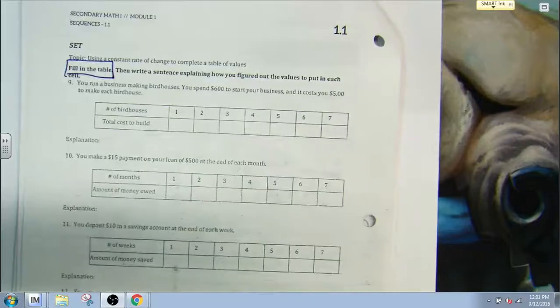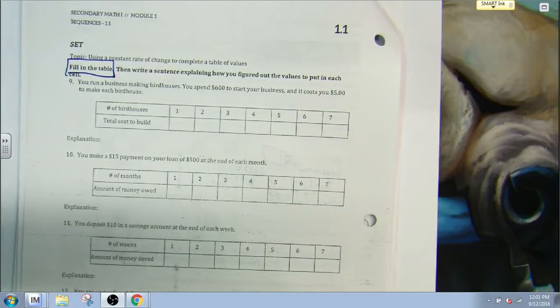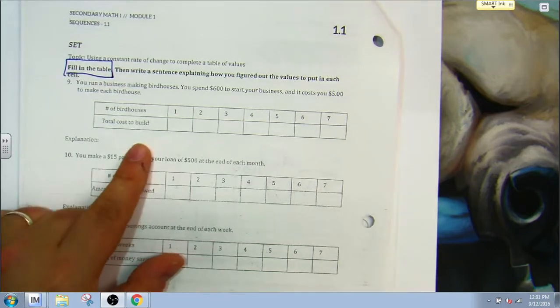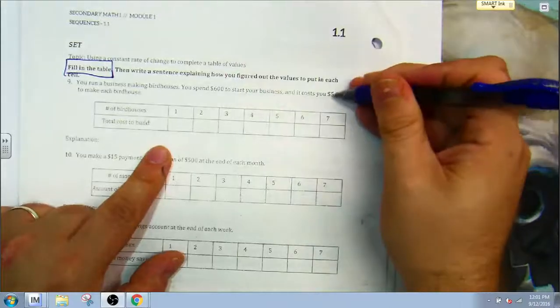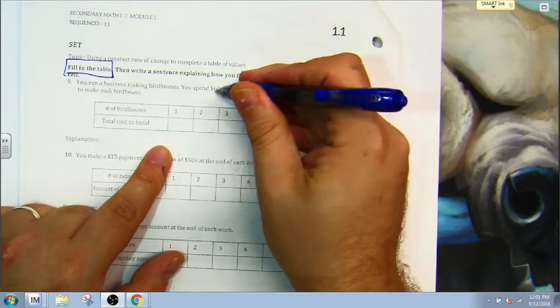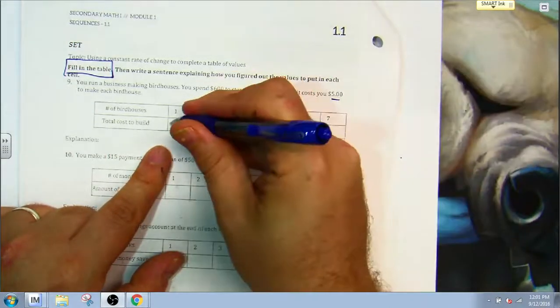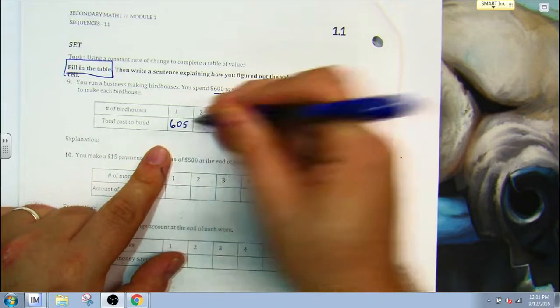Number 9 says, you run a business making birdhouses. This is a very exciting business. You spend $600 to start your business, and it costs you $5 to make each birdhouse. So if I've already spent $600 and I've built one birdhouse, I've spent the $600 and I've spent $5, so I know I spent $605.